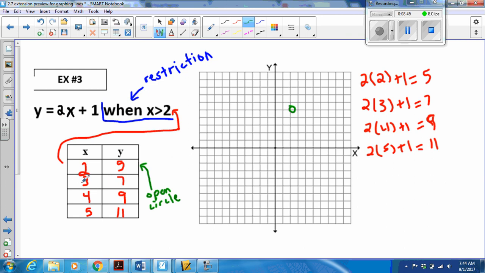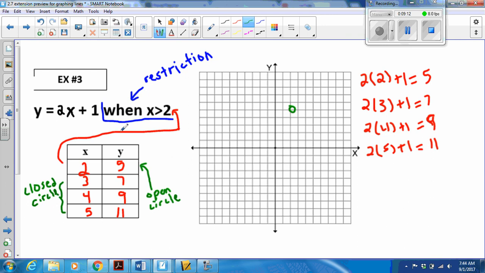Now, for the rest of these points, we make them closed. It is really only the first point that is open. That's the only point that's open. Everything else has to be closed. I'll write this so you guys remember: these are going to be closed circles. There you go.